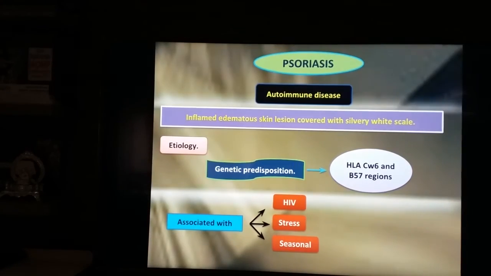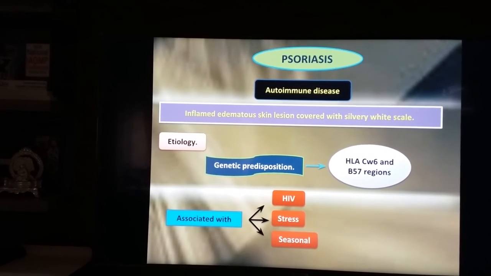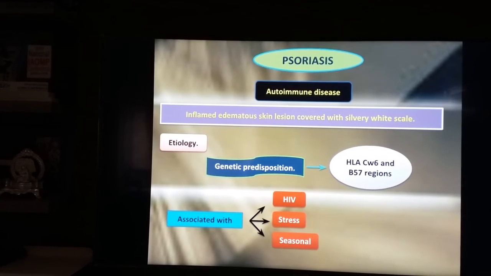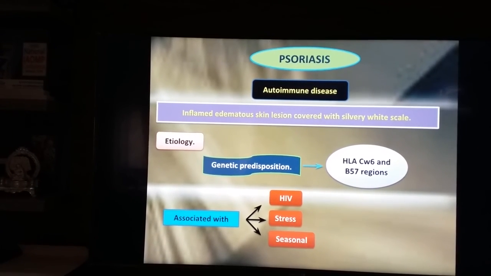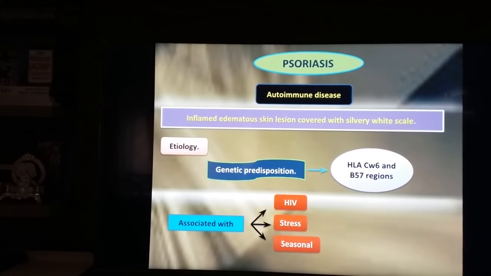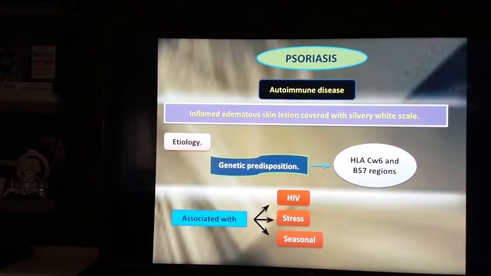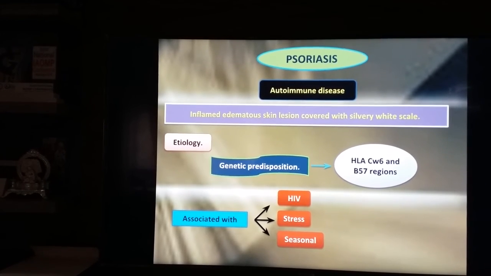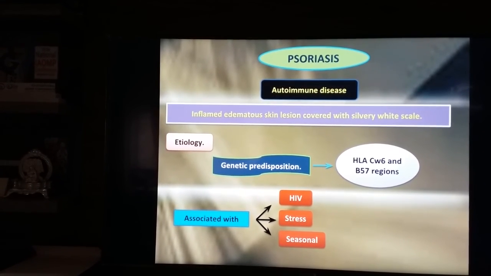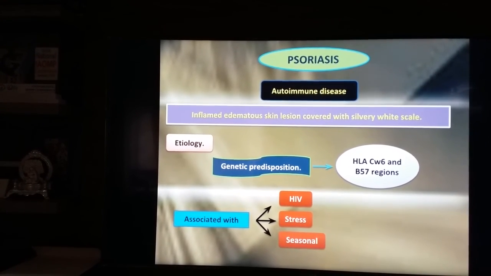Psoriasis, again a dermatological lesion which is very characteristic, leads to inflamed edematous skin lesions covered with silvery white scales, and the cause of this condition could be a genetic predisposition where you will find HLA-CW6 and HLA-B57 could be associated.